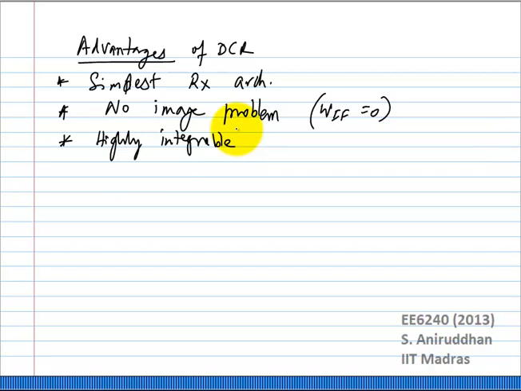Okay. No 50 ohm drive. What kind of filtering, post filtering do you need?